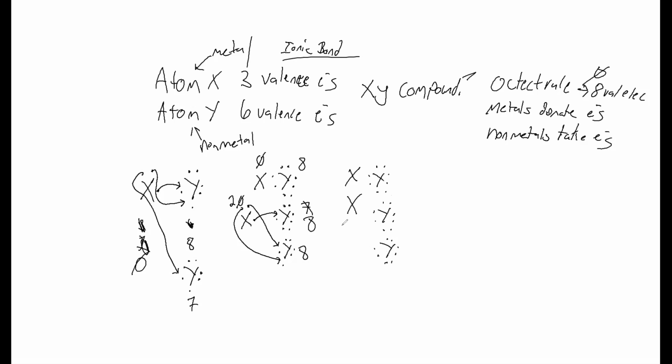So this formula is to make a neutral compound. For every 2 X's, you need 3 Y's. Because when you have 2 X's for every 3 Y's, everything will have a full octet. So the formula is X2, Y3.